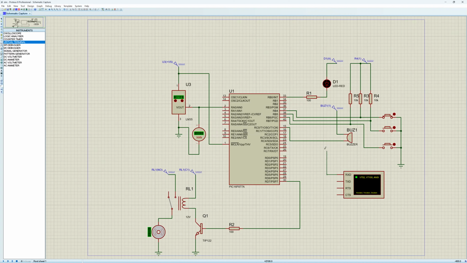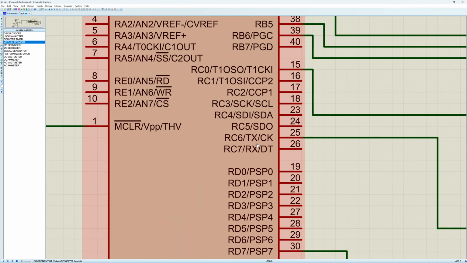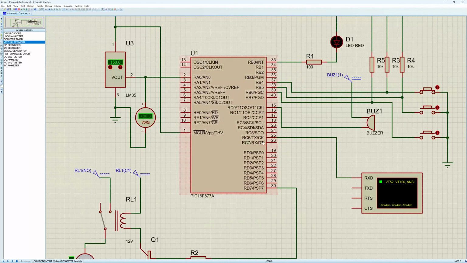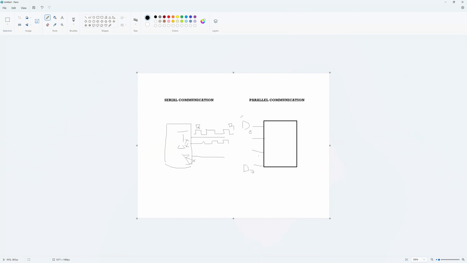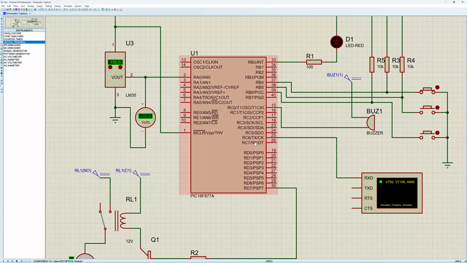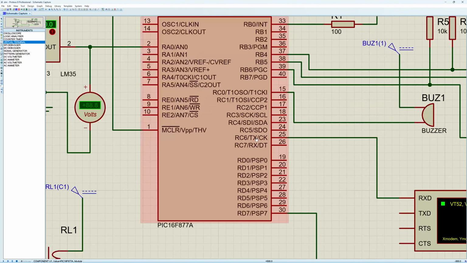So RX I am going to connect with TX, and this is the serial communication pin. For sending data out we are using the TX pin, and for receiving data from the outside world we are using the RX pin.